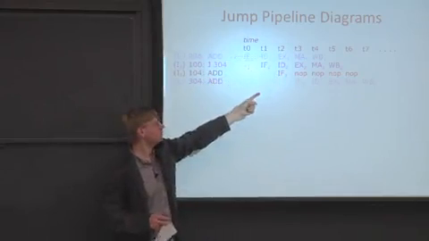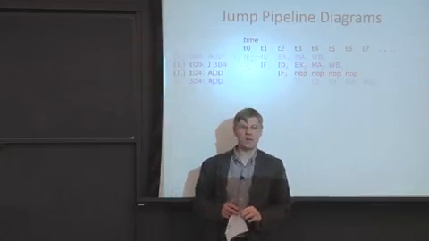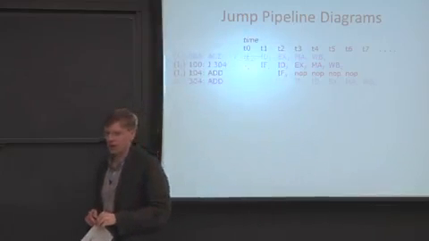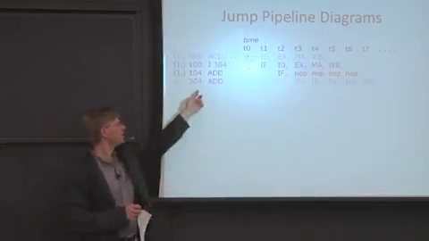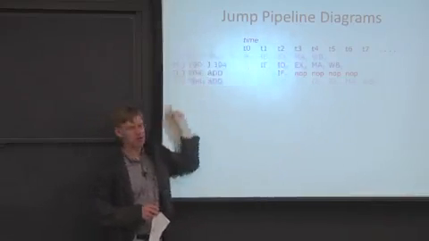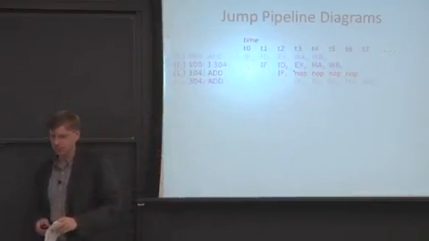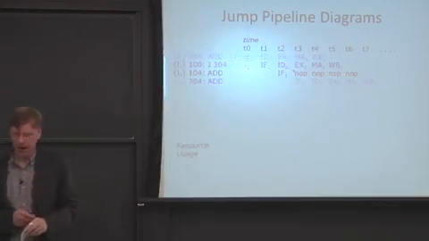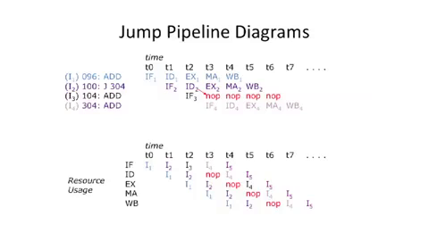This add gets fetched, but doesn't ever make it into the next stage of the pipe because it gets killed. Then we have the next add, or the target of the jump, showing up, and we go and execute that. And if we look at the resource utilization, we can plot it the other direction. You'll see the no-op moving forward in pipe stages over time.